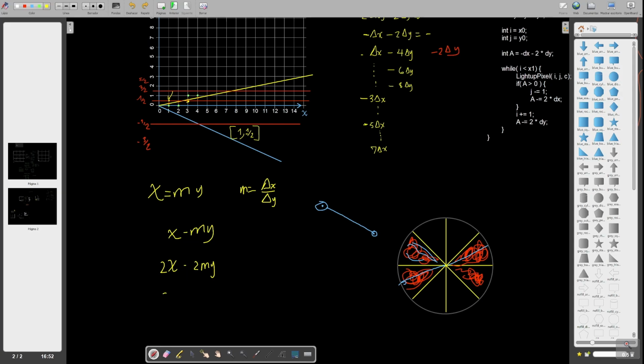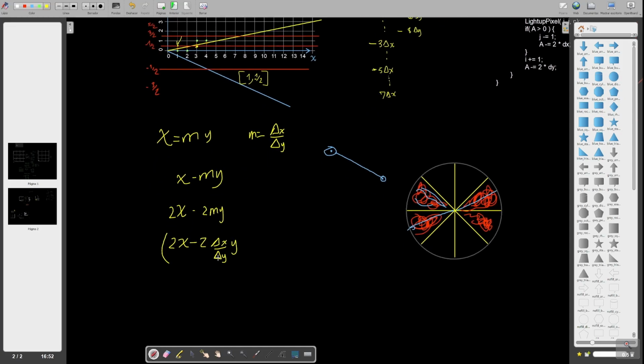And now if I rewrite this as delta x over delta y multiplied by y, I'm going to get to this form, because if this is my evaluation formula, I can again apply the same Bresenham trick. Well, this is not his trick, but the same mathematical trick. And I'm going to get to this.